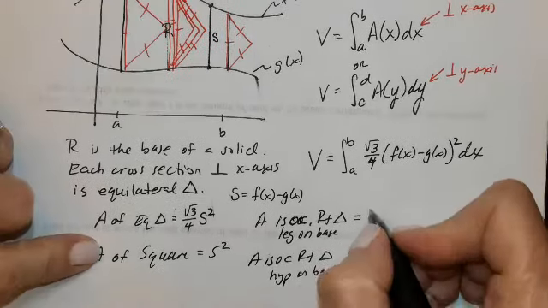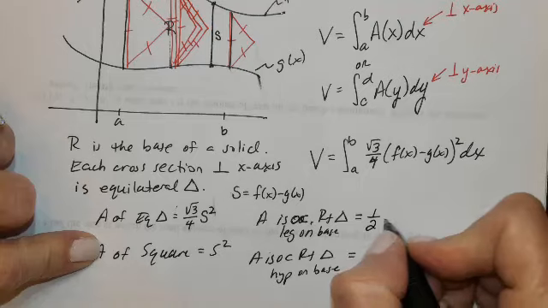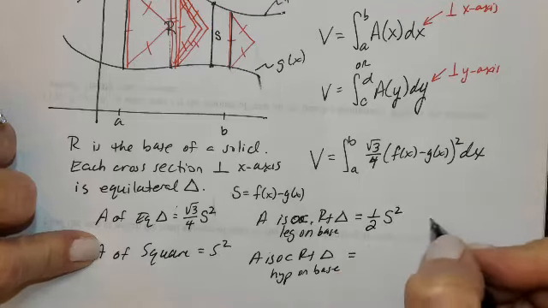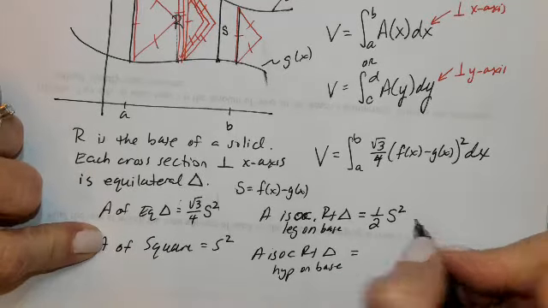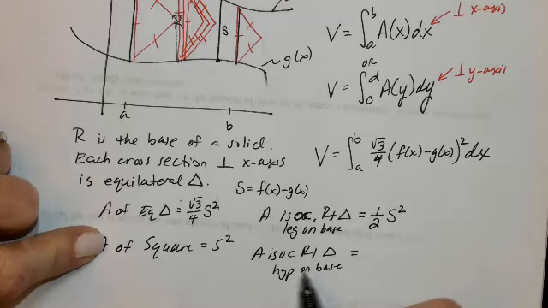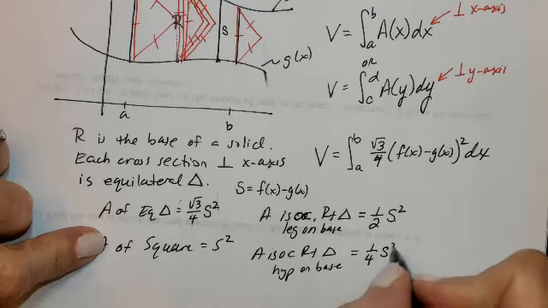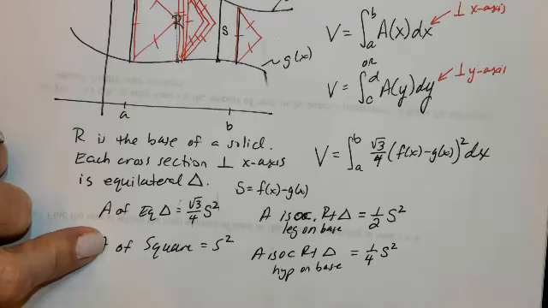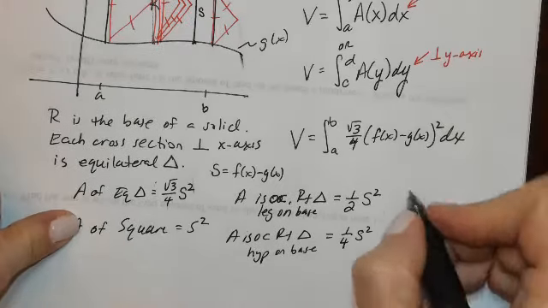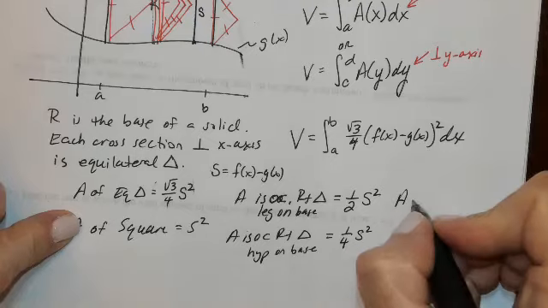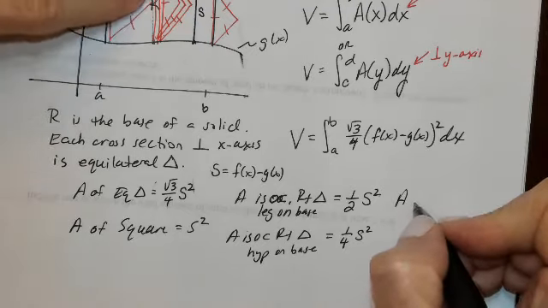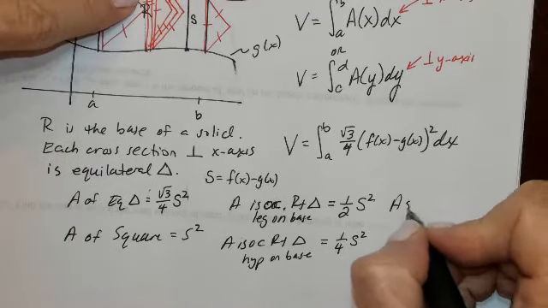Leg on the base is our old 1/2 base times height, where base and height are the same, so 1/2 side squared. Hypotenuse on the base is half of that, so it's 1/4 side squared. And then we also had the area, the cross section would be a semicircle.